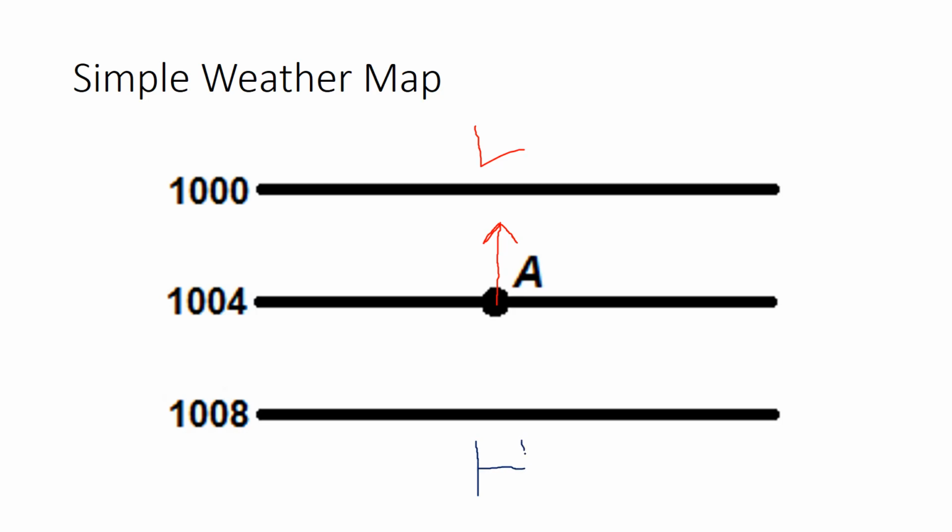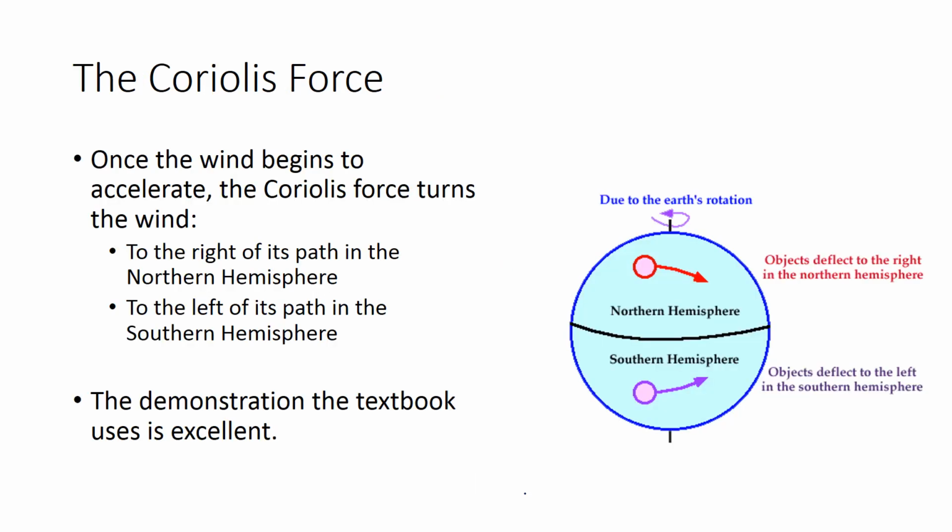Now with that said, as the wind begins to accelerate, which is what the pressure gradient force is doing, it's going to then begin to feel another force acting on it. And that next force is what is called the Coriolis force. And the Coriolis force is caused due to Earth's rotation.